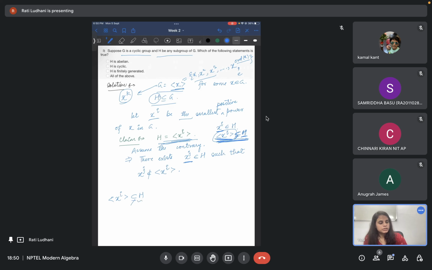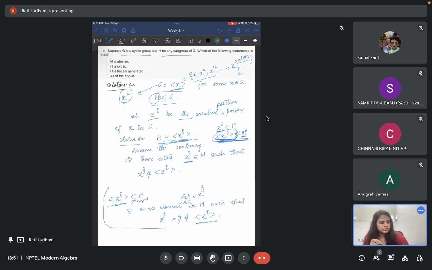So this is not equal means there exists some element in H such that, let's say, some element G in H such that G does not belong to the set generated by x raised to power I. And now you know what is G. If there is an element of H, that means that is an element of G. That means this must be some power of X. So we are saying this x raised to power J does not belong to the set generated by x raised to power I. This means exactly this.